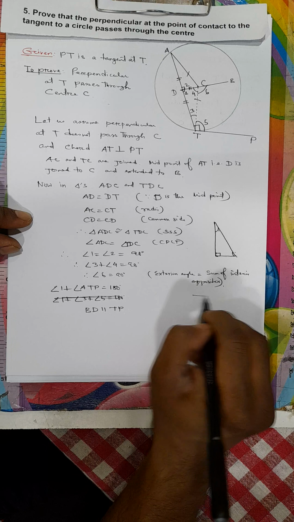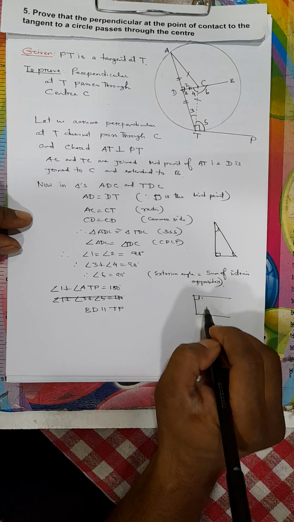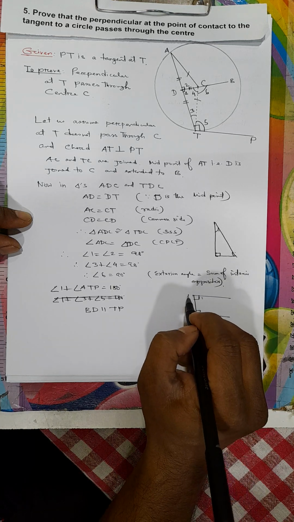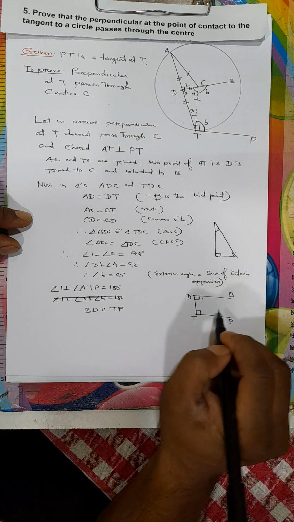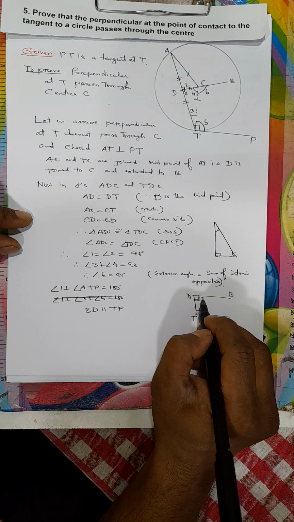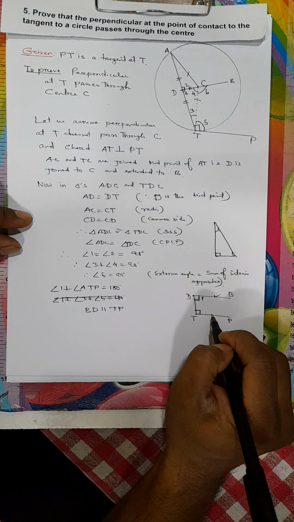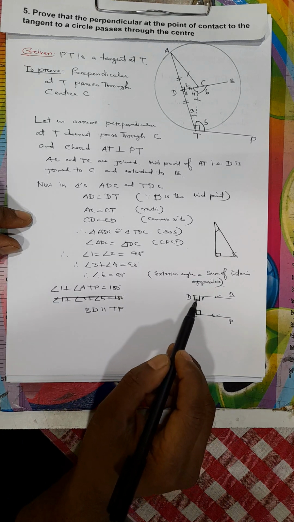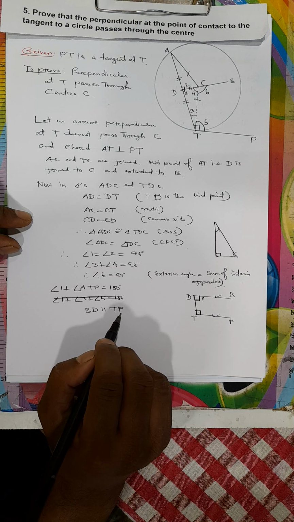Why? You see, you find that this angle 1 and this angle, this is DTP, and this is B. Angle 1 plus this angle is 180 degrees, that means this line is parallel to this line. Interior angles on the same side of the transversal are supplementary, that is BD is parallel to TP.